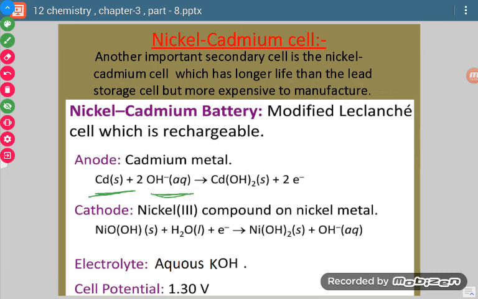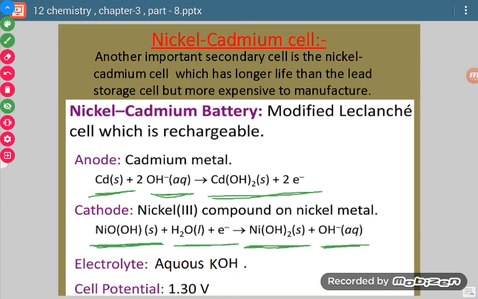So cadmium plus 2 OH negative gives cadmium hydroxide plus 2 electrons. Similarly, nickel oxyhydroxide, this is called nickel oxyhydroxide, combines with water, and there is addition of electron because it is a reduction reaction, and there is formation of nickel hydroxide and hydroxide ions.